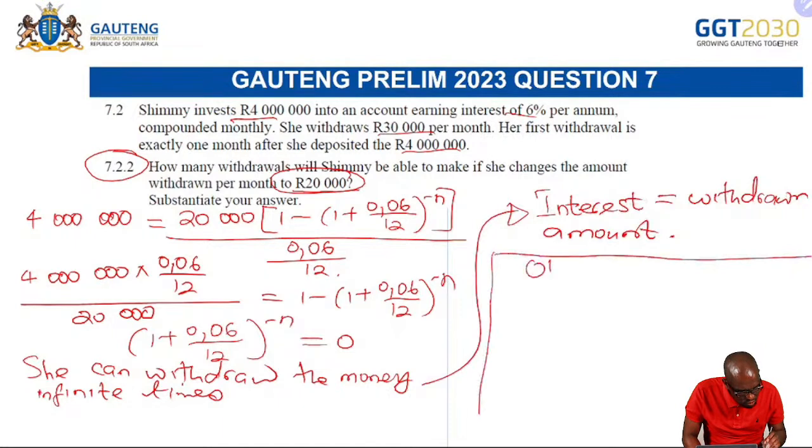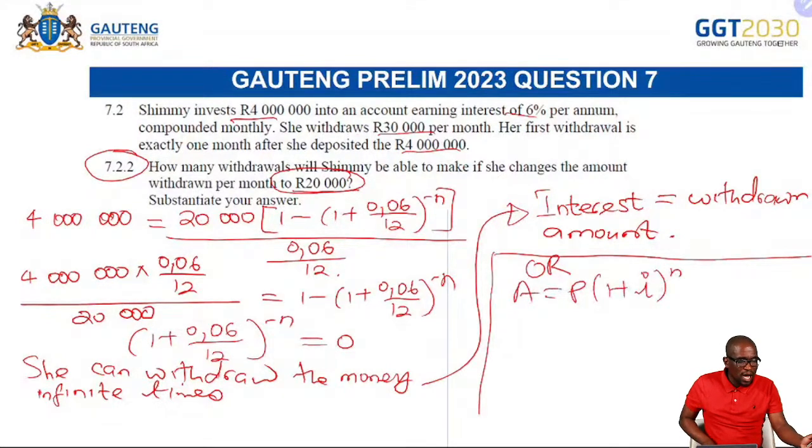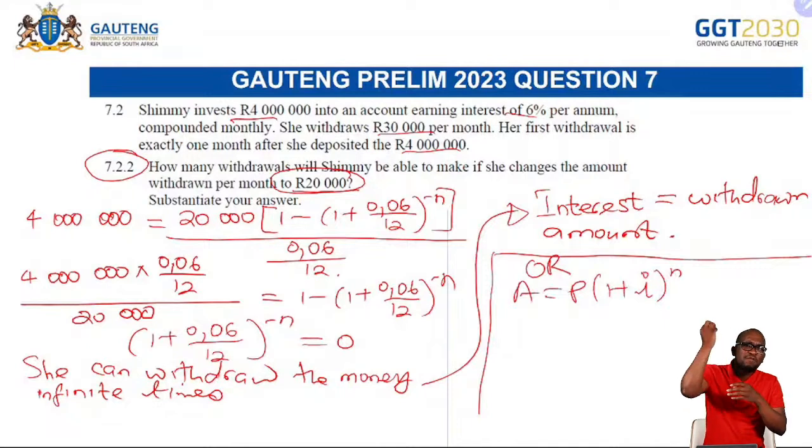Alternatively, you can solve this question by working out using A is equals to P into 1 plus i to the n. By working out, after adding interest, how much amount is there, you'll get that this would be given by 4,020,000. So every time she invested 4 million, that 4 million would give you every month an interest of 20,000, and she withdraws 20,000.